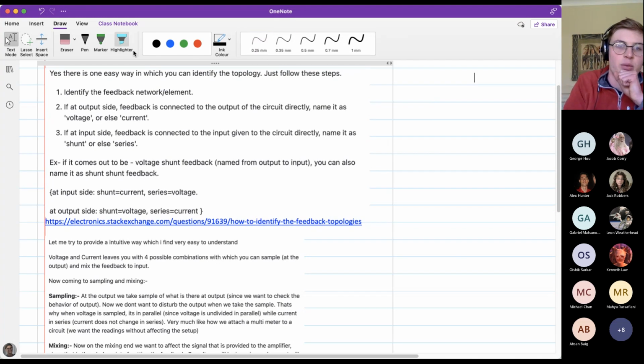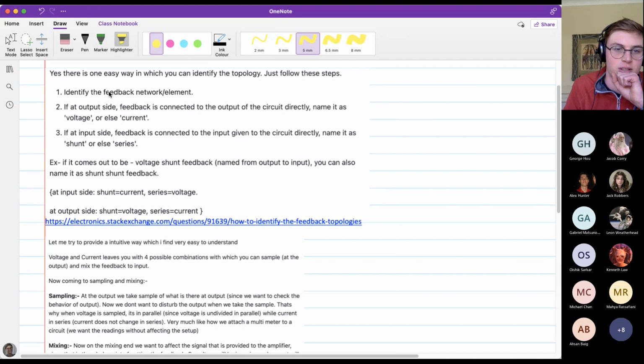And some of the steps that Aaron would have gone through, he took you through as well, that are outlined in this thread, are to identify the network or the element that's connecting the two. At the output side, if the feedback is connected directly to the output, it becomes voltage or current.